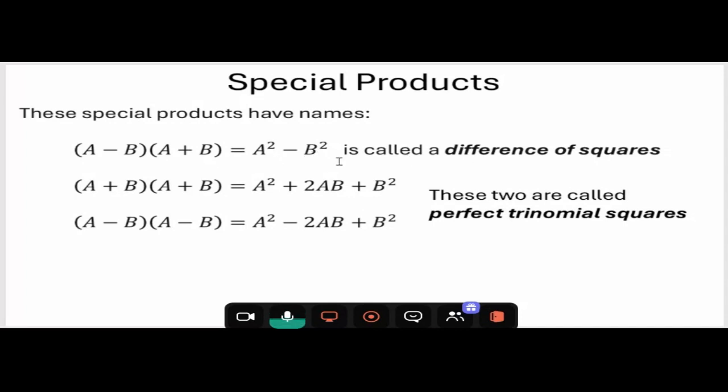So that's what that's called. And when you either have a plus b times a plus b or a minus b times a minus b, those two are called perfect trinomial squares. And there's the pattern on those. A squared at the front, b squared at the end, double the two of them multiplied together in the middle, either positive or negative. Difference of squares, perfect trinomial squares, special products.